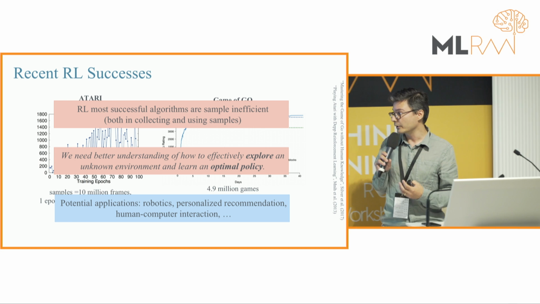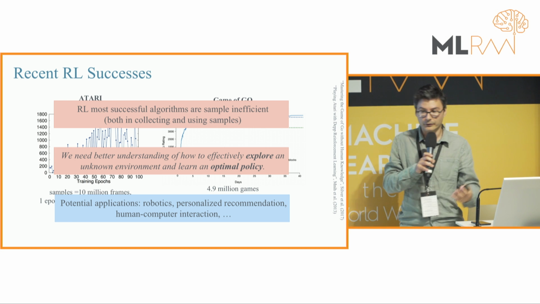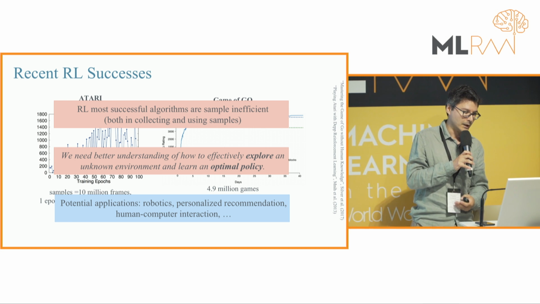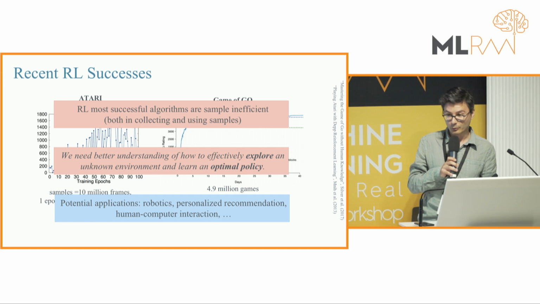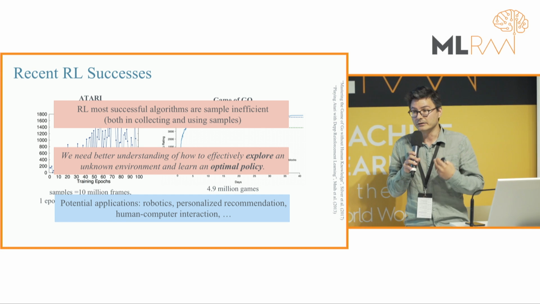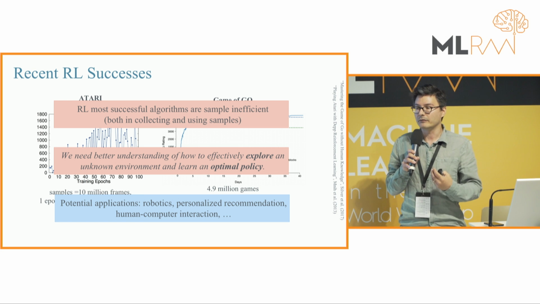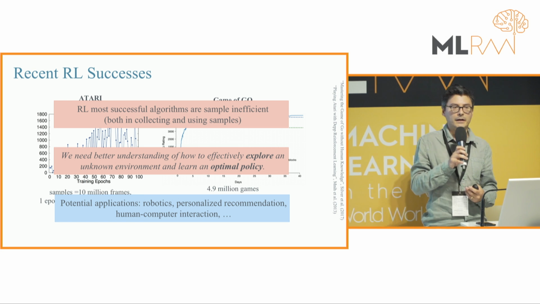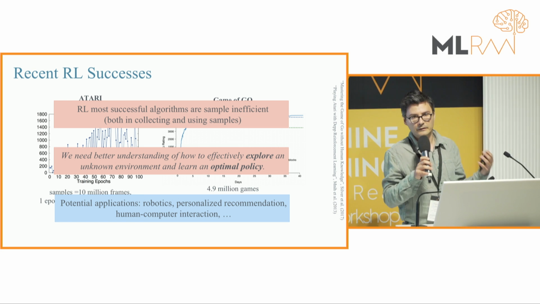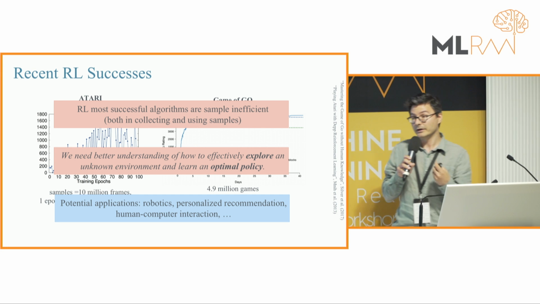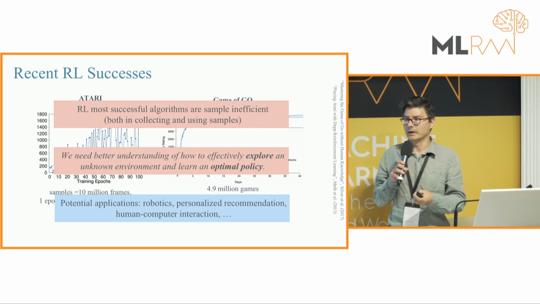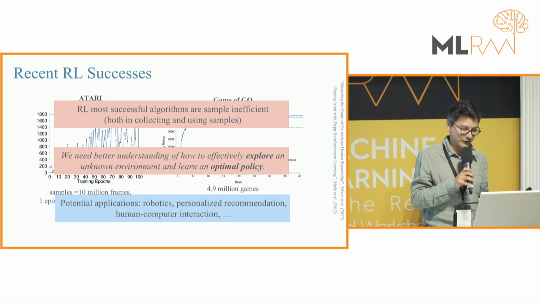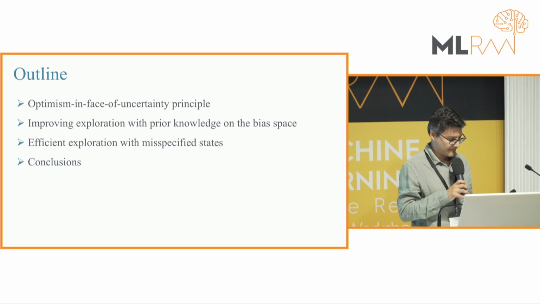The potential implications of better exploration are towards a lot of the settings that John described, like recommendation, robotics, human-computer interaction, and so on, which are intrinsically problems where we don't have access to a simulator that we can spend ages interacting with. We have very expensive samples, so from each sample we have to get the best and be able to learn fast given the limited exploration that we have.